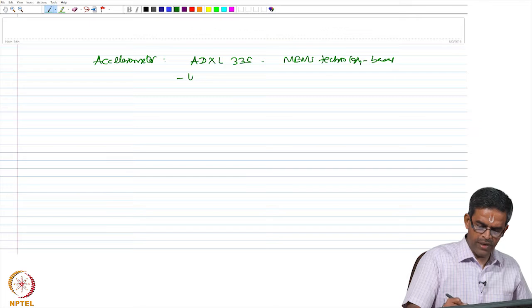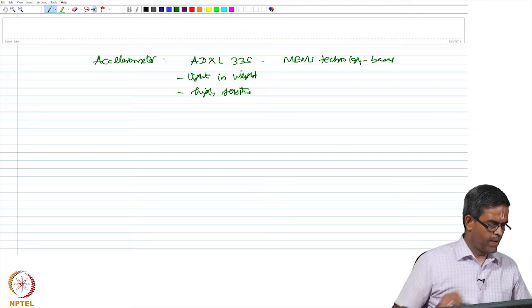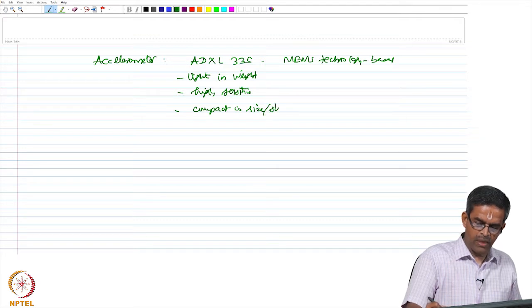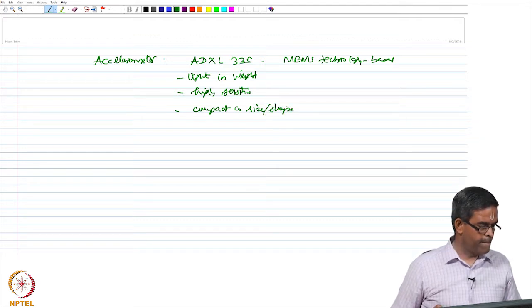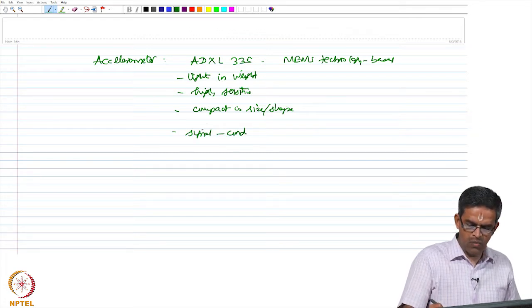It is light in weight and highly sensitive, compact in size. It has got signal conditioned voltage output.